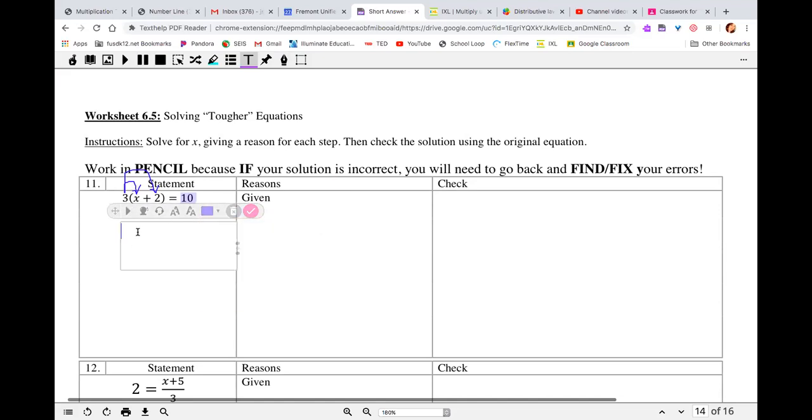Three times x is... if I do the 3 times x like this with the arrow, how do I write that? 3x? Yeah. Okay, so we just write 3x. And then 3 times 2 is? 6. Okay, equals?